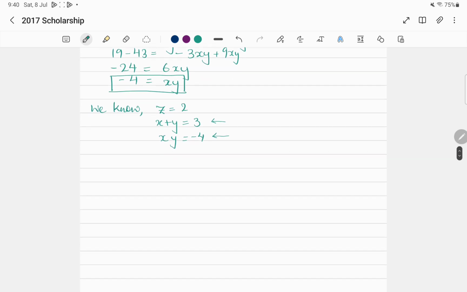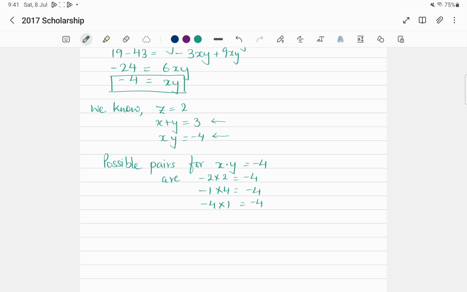So here we can see that possible pairs for x times y equal to minus 4 are, it could be minus 2 times 2, that's minus 4. Minus 1 times 4 is minus 4, and minus 4 times 1 is also minus 4. Right, so these are the possible pairs that give us minus 4.